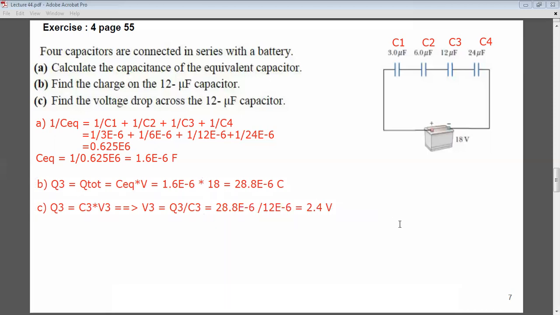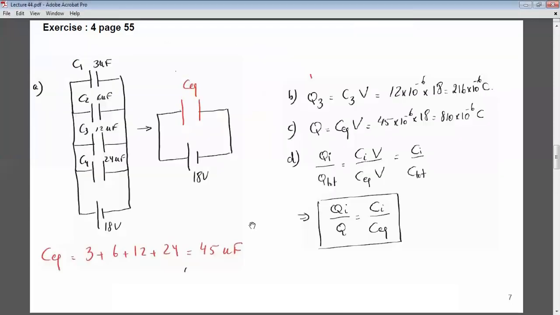Okay. So again, when they are in series, the Q is the same. So Q coming from the circuit is the same as Q1, Q2, Q3, Q4. That's why here we said Q3 is Q total. But the voltage is not the same. So the voltage will be Q over C. When in parallel, the voltage is the same.